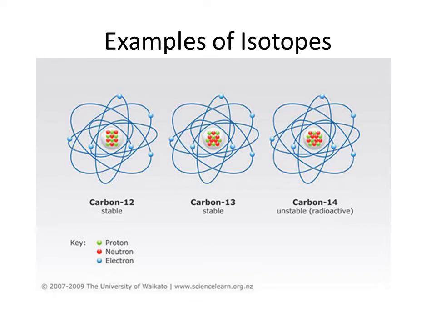You'll notice there's always 6 green dots: 6 in the 12, 6 in the 13 and 6 in the 14. The thing that is different about the isotopes is they have different numbers of neutrons, and that is what can make atoms unstable. And when atoms are unstable, they become radioactive and decay.